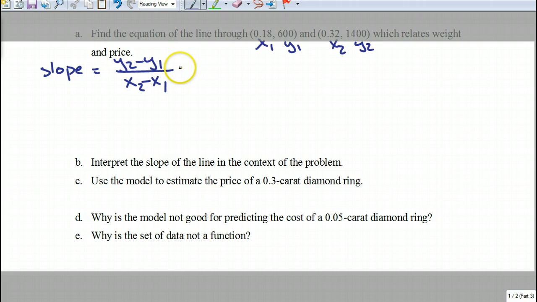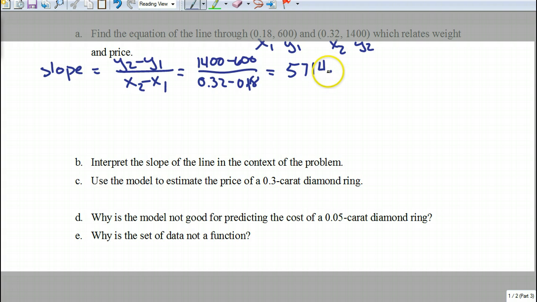So if I put that back into my formula, I'm going to have 1,400 minus 600 on top. Those are my y points. And on the bottom, I'm going to subtract 0.32 minus 0.18. Okay, so if you put this in the calculator, you're going to get 5,714.29. Should be a 4.